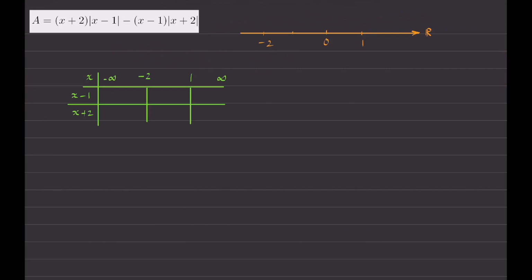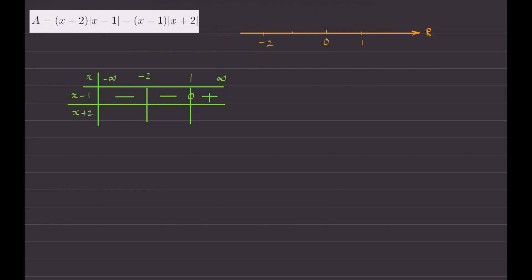Okay, now let us see what happens. x - 1 is 0 exactly at x equals 1, so I put 0 here. But if I choose x, any number less than 1, this expression becomes negative. So this expression is negative here, but as soon as I choose a number greater than 1, the expression becomes positive.